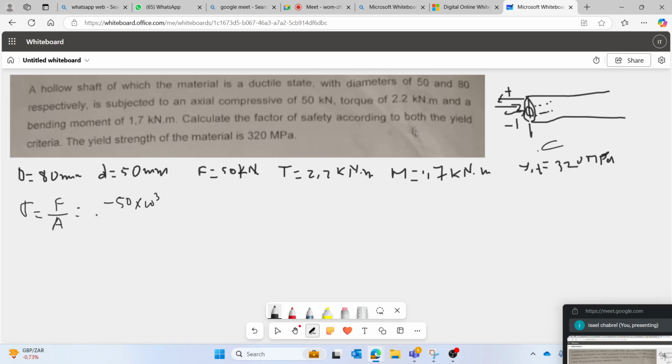Why am I putting minus? Because it is a compressive force. If it is tensile, it is positive. Now, you can see it's kilonewton. If I want it in newton, we multiply by 1,000.